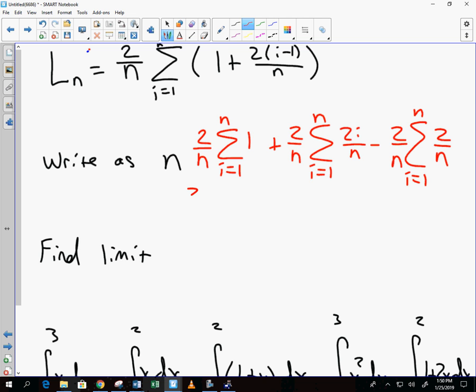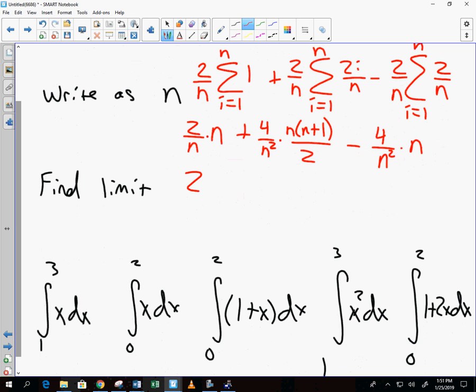So you end up with 2 over n times n, because n will be substituted there, plus this will be 4 over n squared times n plus 1 over 2, minus, and this will be 4 over n squared times n.